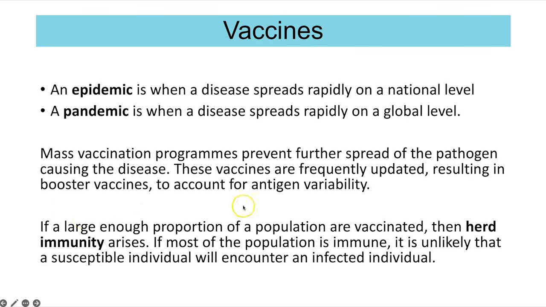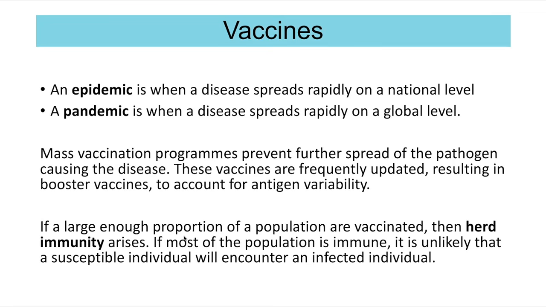And if a large enough proportion of a population are vaccinated, then herd immunity arises. And this is the concept where if most of the population are immune, that means they can't get the symptoms of the disease and they're not able to transmit the disease or transmit the pathogen which causes the disease.